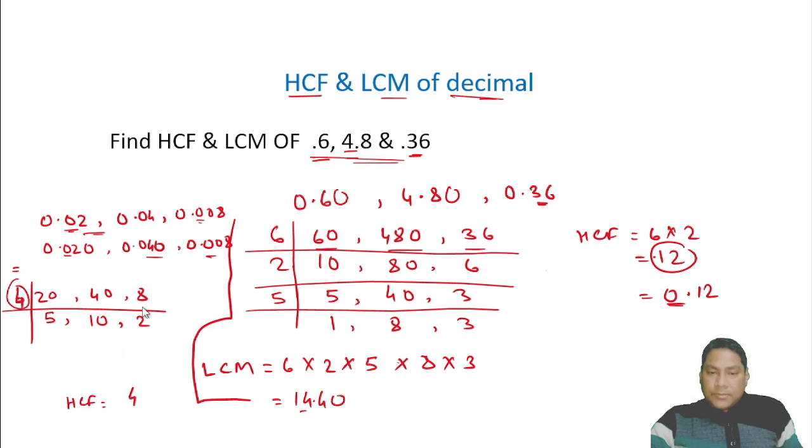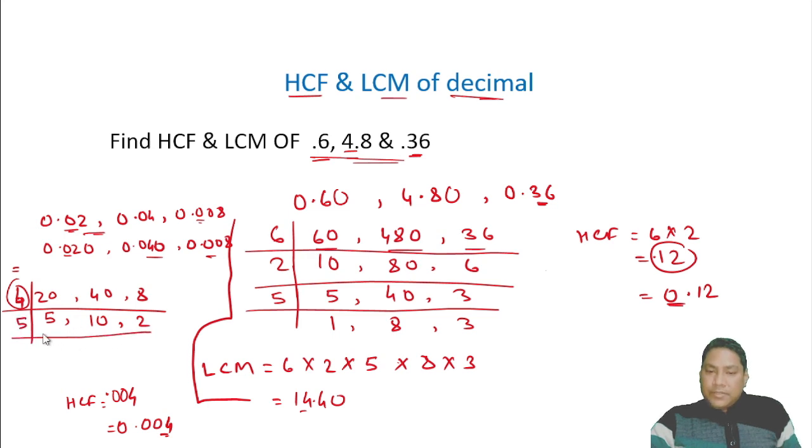Now for the decimal, there are 3 digits after the decimal, so we'll put the decimal here. The HCF is 0.004. Now for the LCM, we will keep on dividing.